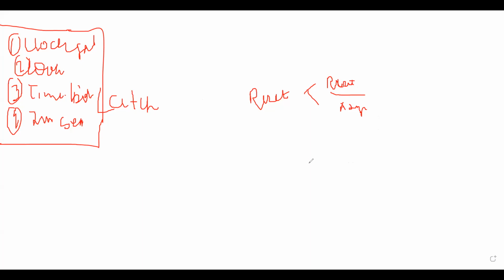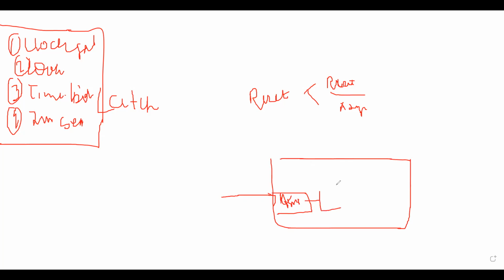It's an asynchronous reset. Let's suppose this is a device A and this reset is going to this device, it's an asynchronous reset. And inside our device, that asynchronous reset is converted into synchronous reset and it is further used in our devices.